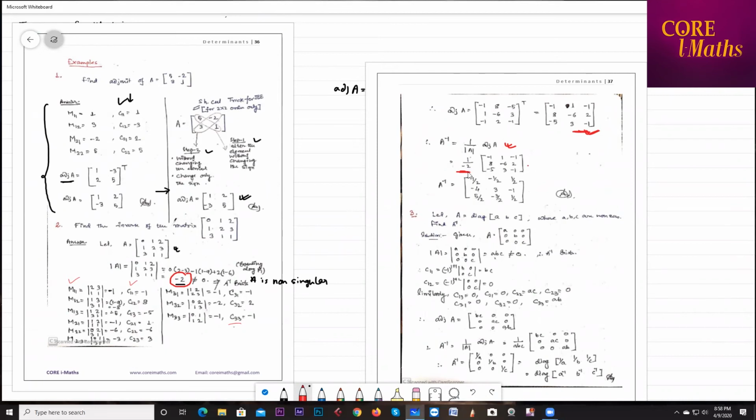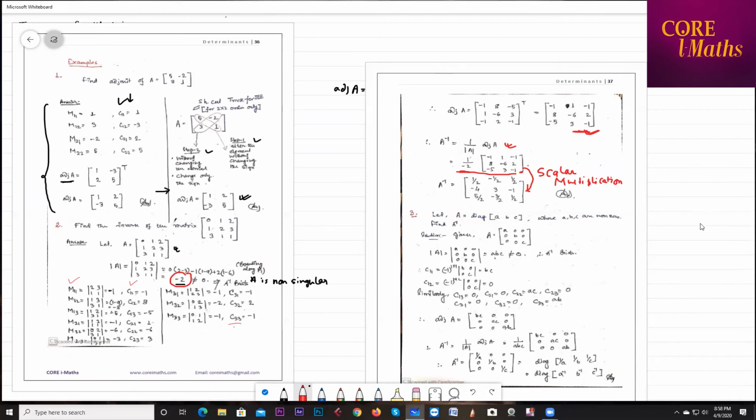Then this is nothing but simple scalar multiplication, right?